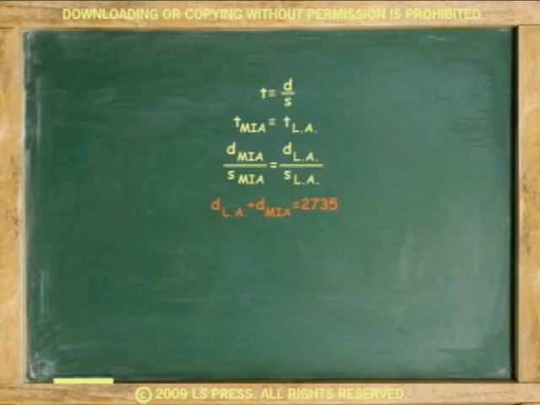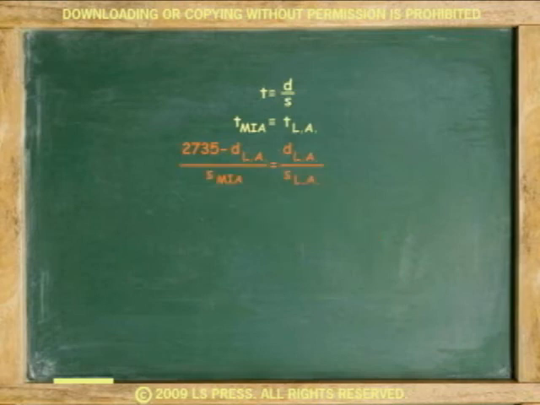Because distance Los Angeles plus distance Miami equals 2,735, then solve for distance Miami and substitute distance Miami equals 2,735 minus distance Los Angeles in the previous equation. Solving equations as a system and substituting for speed LA equals 52 and speed Miami equals 48.